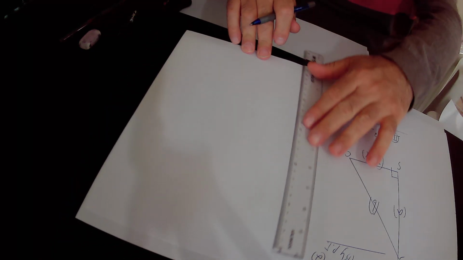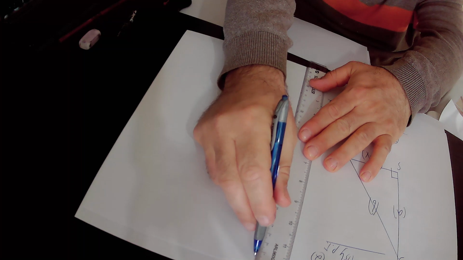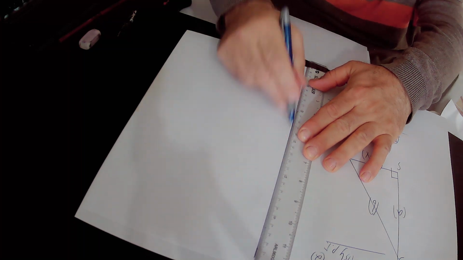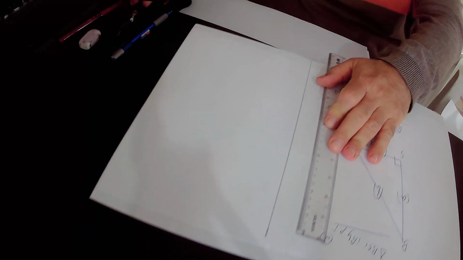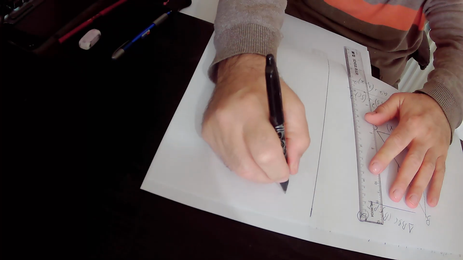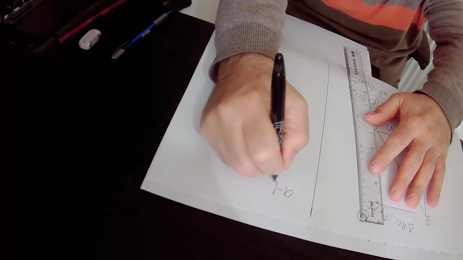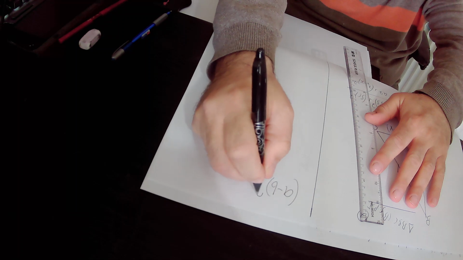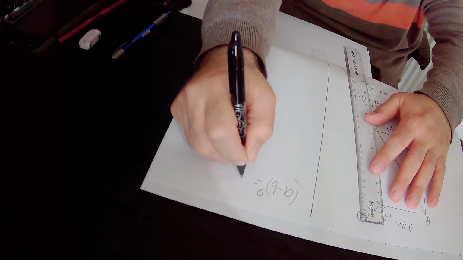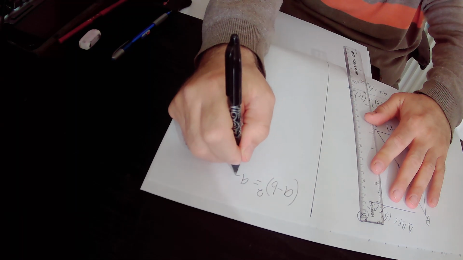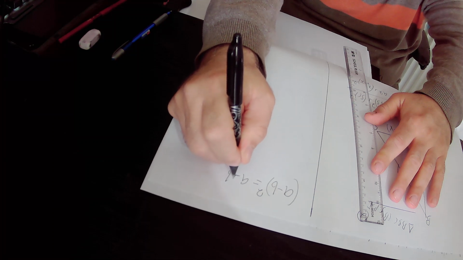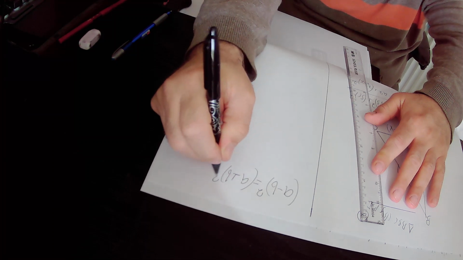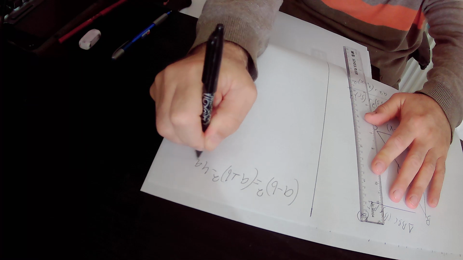So here we have the algebraic identity that states that (a minus b) squared equals (a plus b) squared minus 4 times ab.